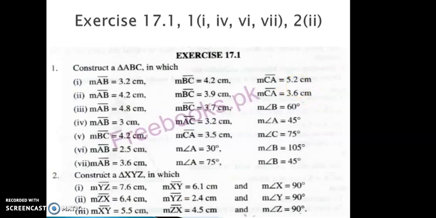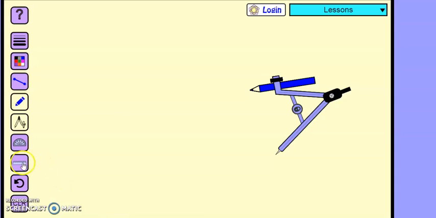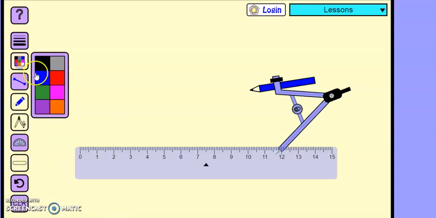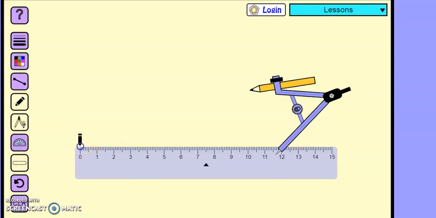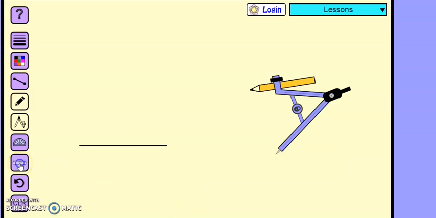So first of all, I am going to draw a line segment of 5.2 centimeter using scale. Okay, 5.2 centimeter starting from 0. This is of measure 5.2 centimeter using your ruler, and I am going to give the name.